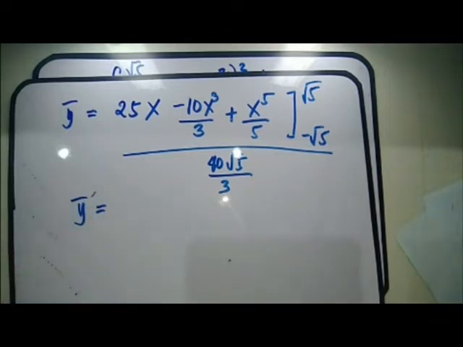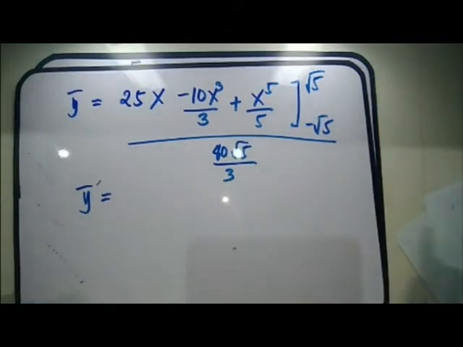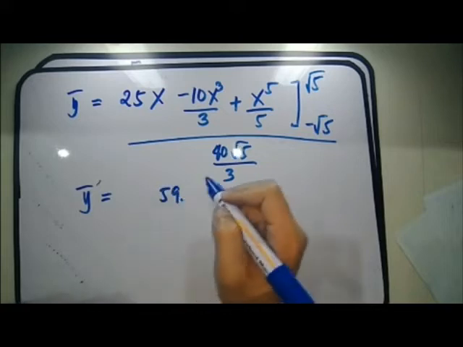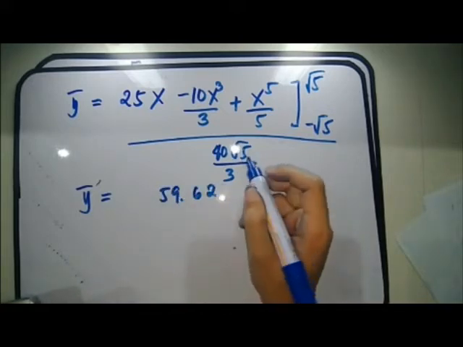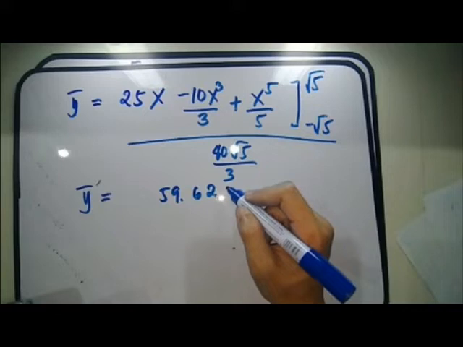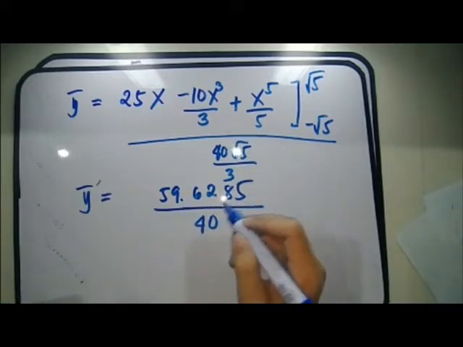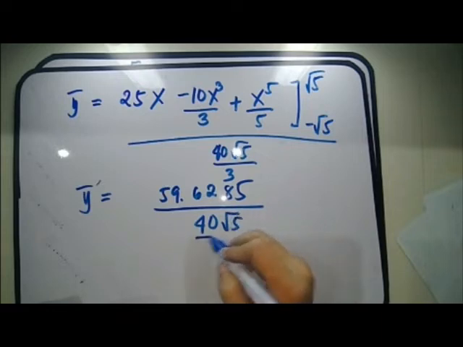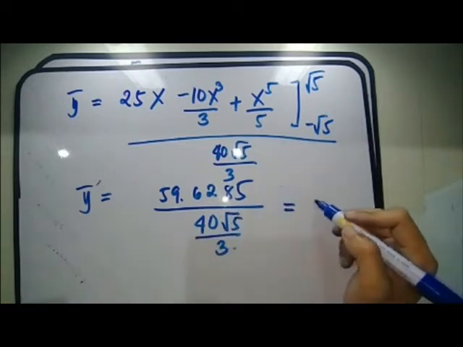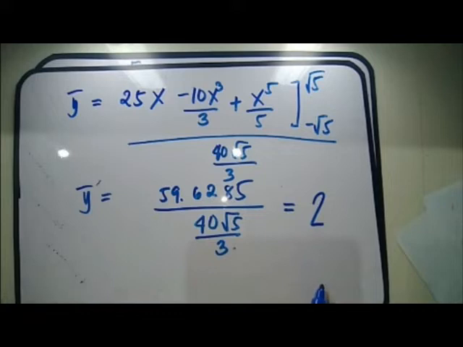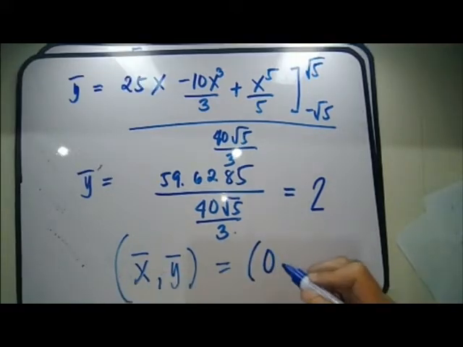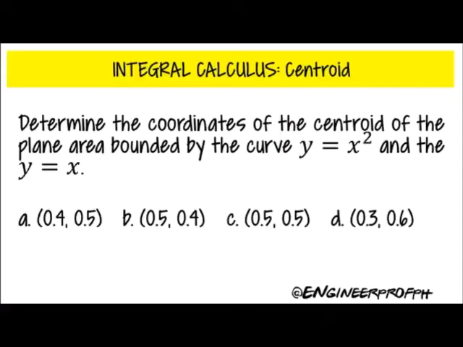So, using your calculator, yung sa taas natin will be 59.6285. So, i-substitute natin yung limit all over 40 the square root of 5 all over 3. So, yung answer niya is we have here 2. So, therefore, yung centroid natin guys, x bar and y bar, centroid coordinate is at 0, 2. So, that will be our final answer.